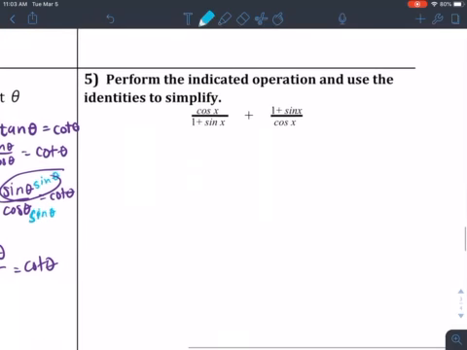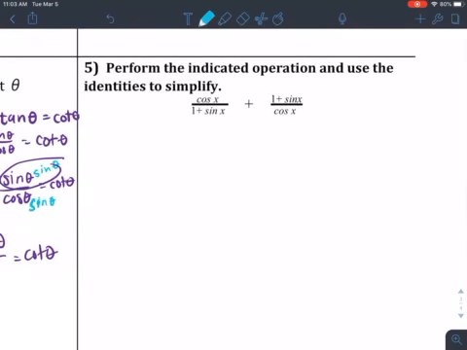Last one, number 5. Perform the indicated operation and use identities to simplify. So I see 2 fractions that are being added together. So I absolutely need a common denominator. And both of these fractions are already written in terms of sine and cosine.